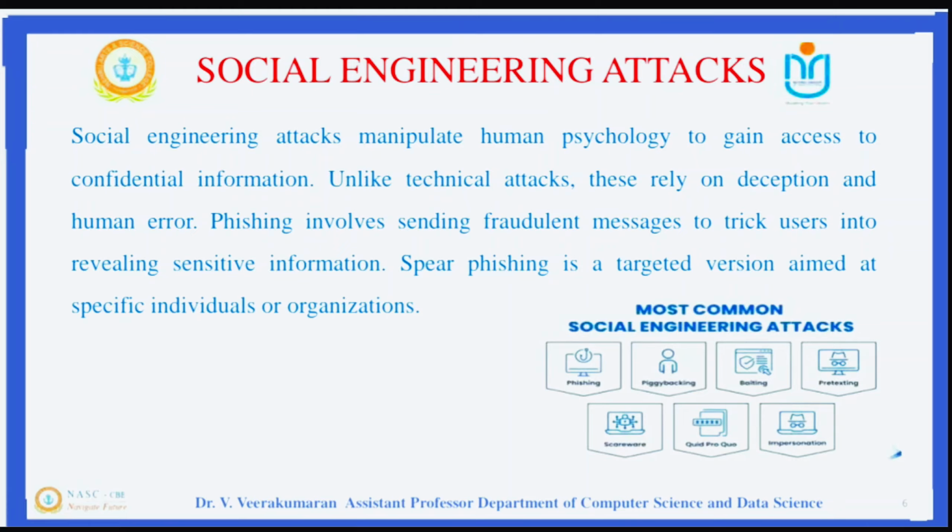Unlike technical attacks, these exploit human error and weaknesses. Phishing involves sending fraudulent messages to trick users into revealing sensitive information. Spear phishing targets specific individuals or organizations. Pretexting involves creating a false scenario to obtain sensitive data.